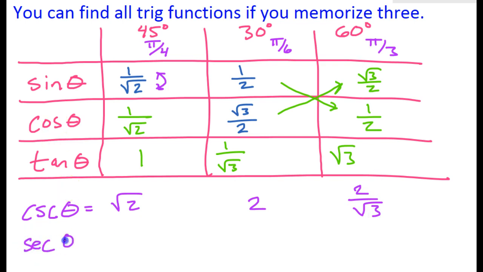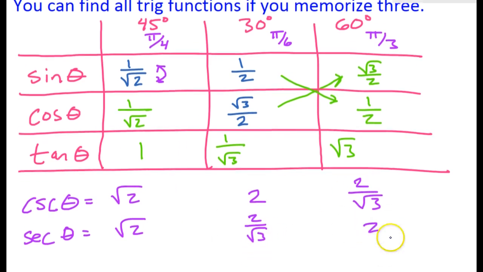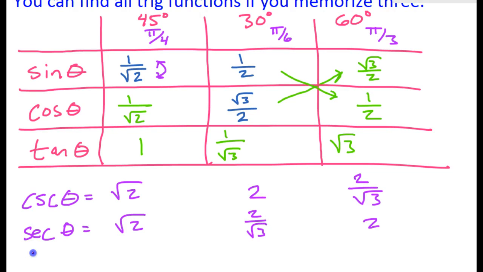Secant is the reciprocal of cosine. So I'm just going to do the same thing. Turn all of these upside down. So I would get radical 2. And here I'd have 2 over radical 3. And this would be 2. And then finally cotangent is the reciprocal of tangent.